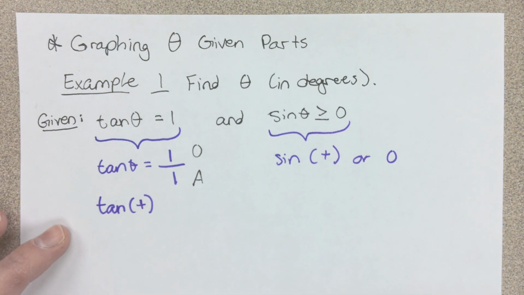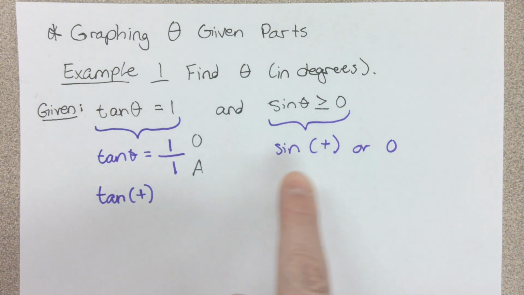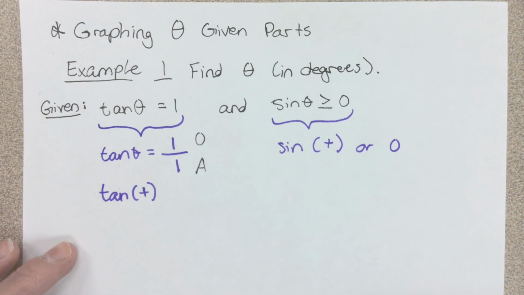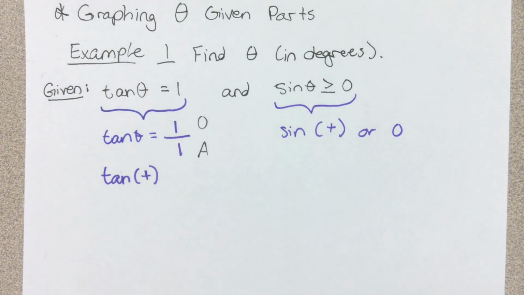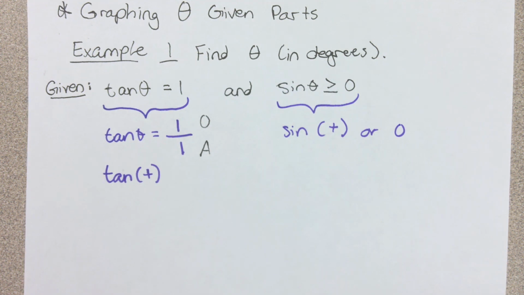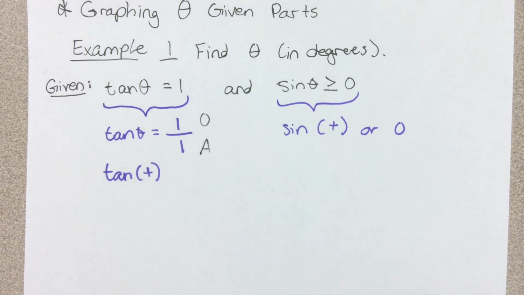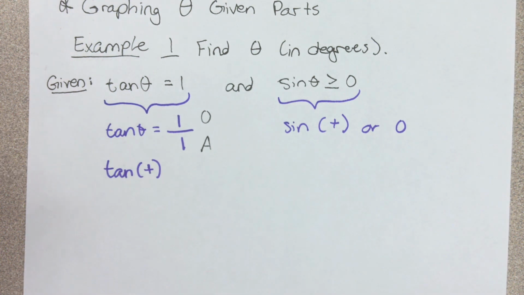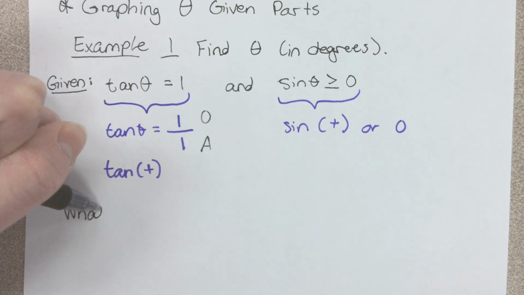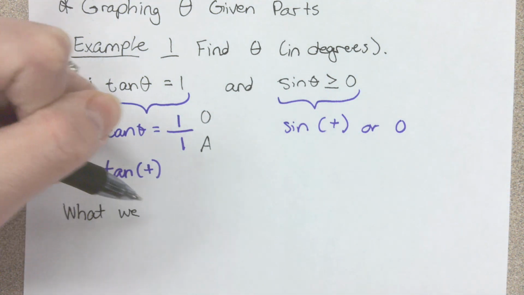So since we know that tangent and sine are both positive, which quadrant are we in? Quadrant 1. So I'm going to make a list, and I'll only do this for the first problem, just to compile all the information.